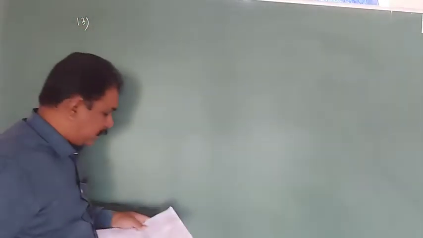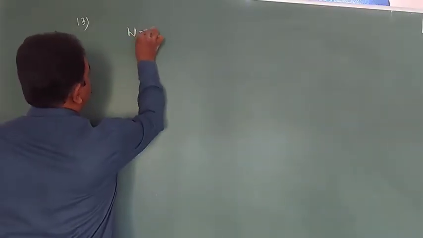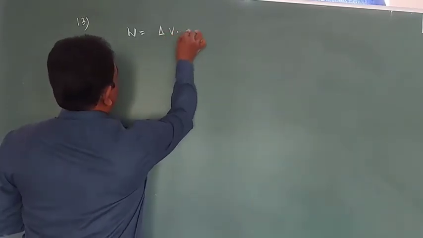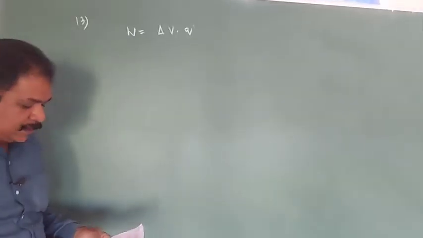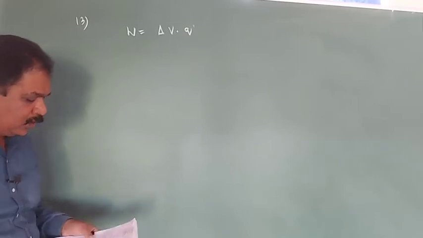What are they asking, see 13. On moving a charge of 20 coulomb by 2 centimeter, 2 joule of work is done, then the potential difference between the two points is? So 13, W is equal to delta V into Q. The work done they mentioned as 2 joule.